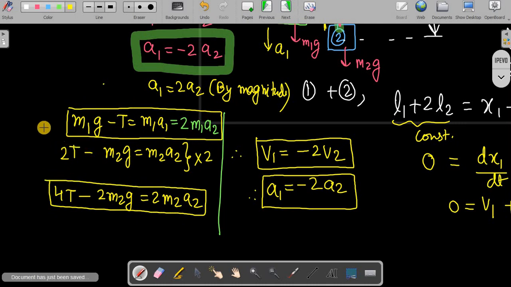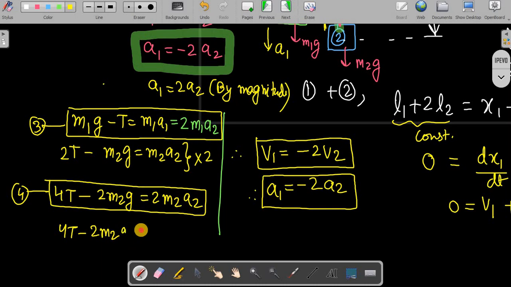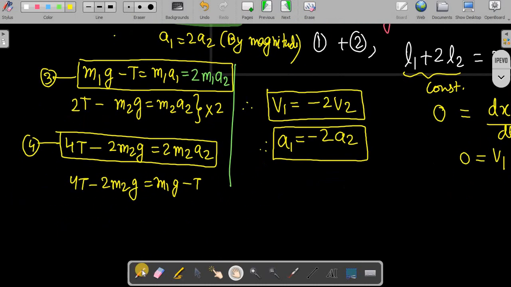Let us say this equation is equation number 3 and this is equation number 4. You may equate both of them, or you can subtract both. Let's equate them. So 4T minus 2m2g becomes equal to m1g minus T. From here you can calculate tension. This will become 5T, right? And m1 plus 2m2 will come common, g divided by 5.